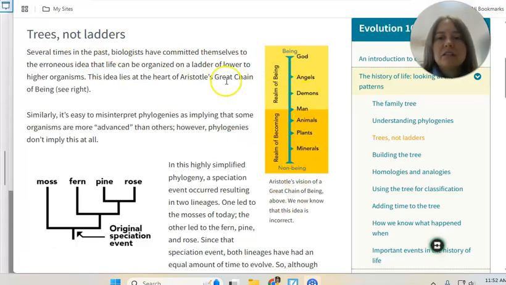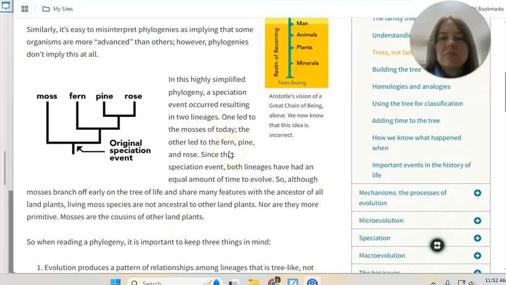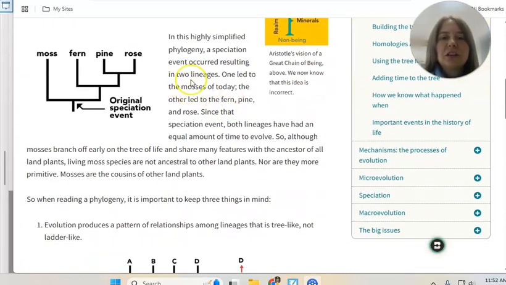This is coming from Aristotle, one of the ancient Greeks, an idea of a ladder where you kind of evolve as you go up, and that has given us some misconceptions, but evolution works like a tree, not a ladder.